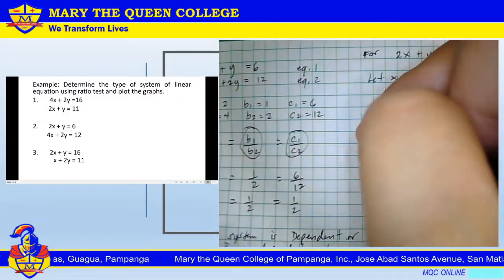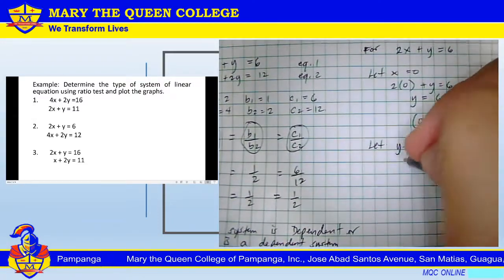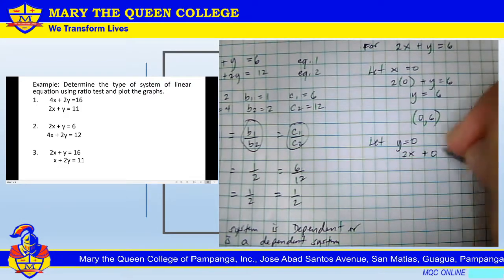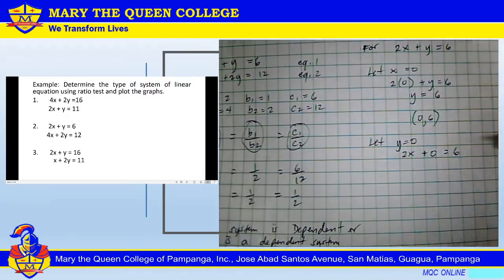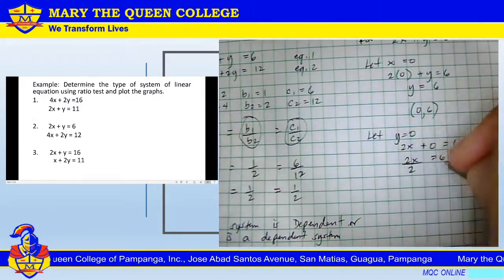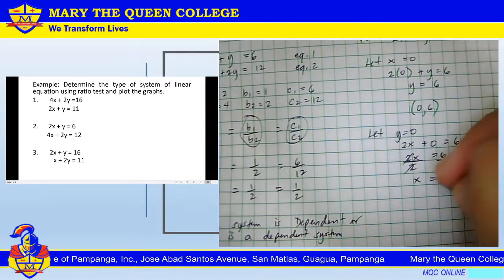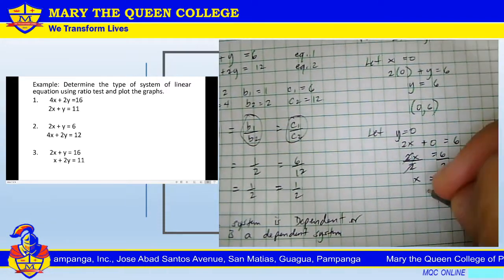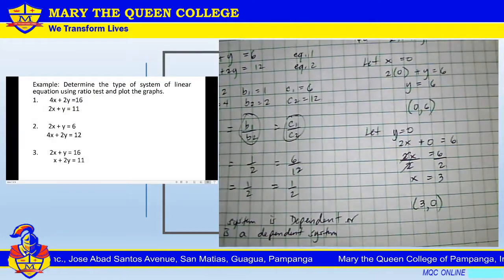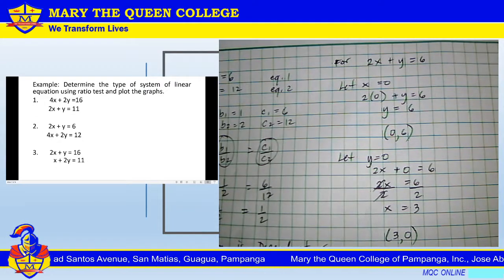Then let y equal 0 to solve for the x-intercept. We have 2x plus 0 equals 6, so 2x equals 6. Dividing both sides by 2, x equals positive 3. Then our ordered pair would be 3, 0. These are the set of points for our first equation.